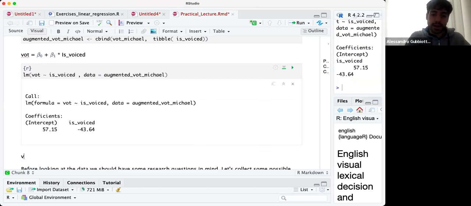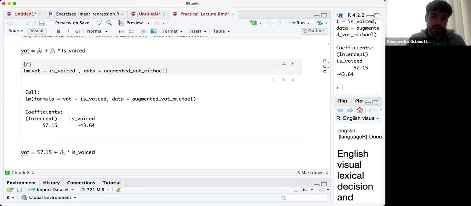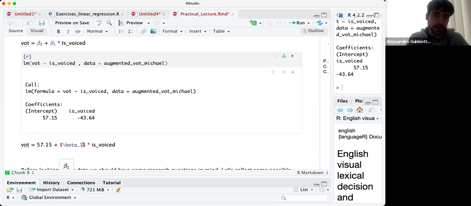So what this output tells is that the vocal onset time is like 57.15 milliseconds plus beta 1 times the variable is voiced. Now, do you have any interpretation for this beta 1? In this case, minus 43.64.